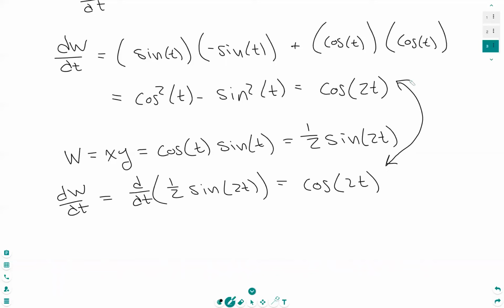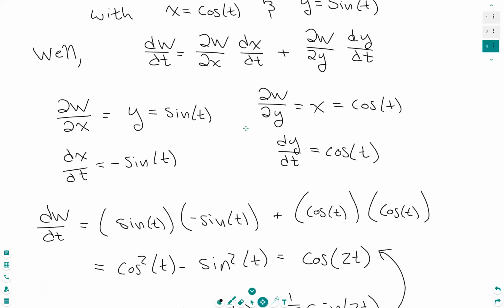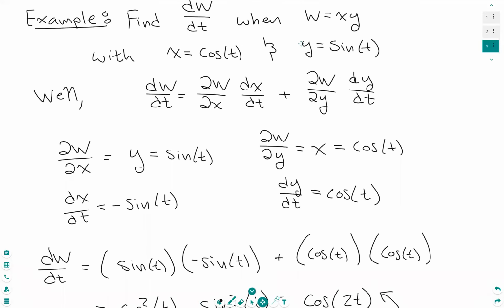It works. So you might be asking yourself, why are we doing this? Why would I not just plug in the functions that represent x and y originally and do it that way? Sometimes this is a really easy example. You can imagine that with cosine and sine in a product of just x times y, it's a lot easier to just plug those in and then take that time derivative.